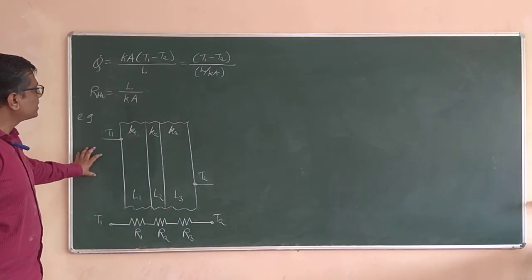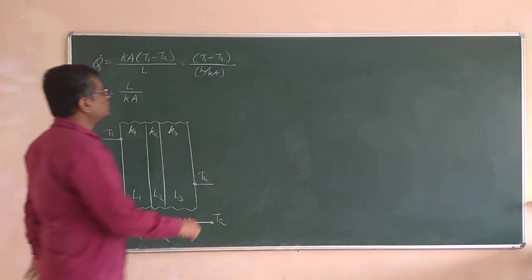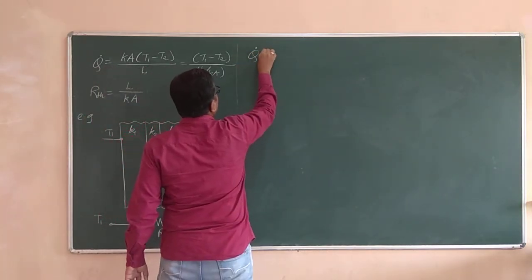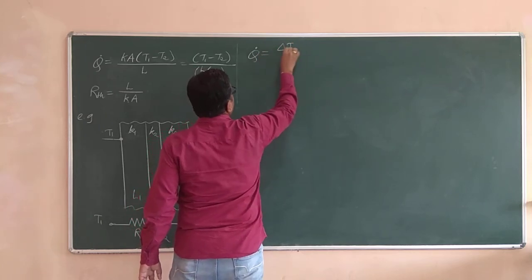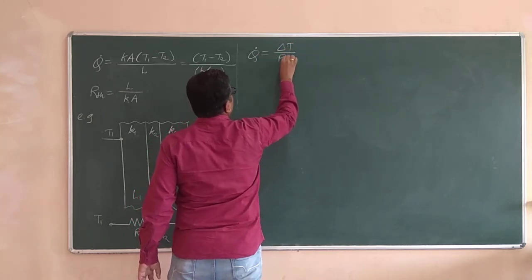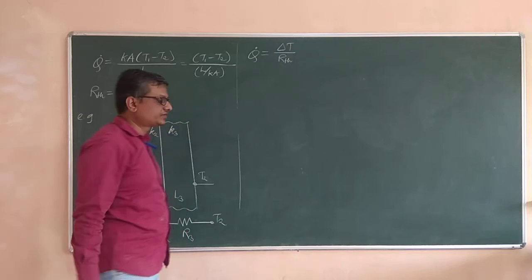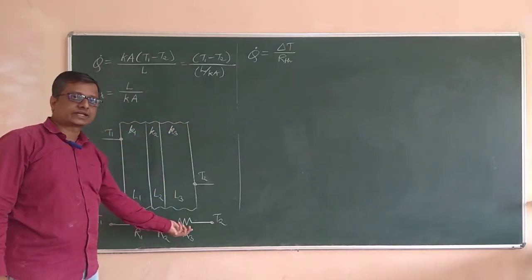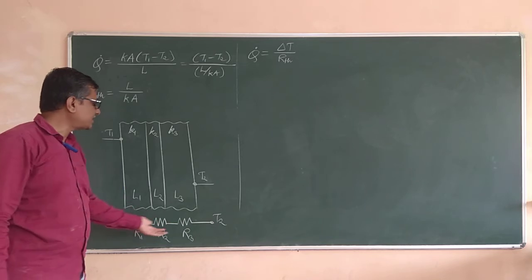And we can directly get the equation for Q dot by taking Q dot equals delta T divided by the overall thermal resistance of this entire slab. As you can see, all these resistors are connected in series, so they will get added.